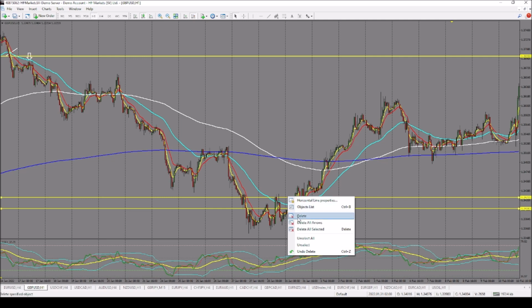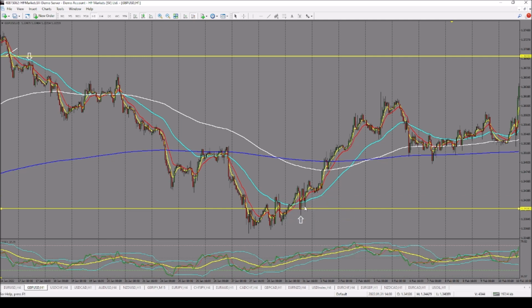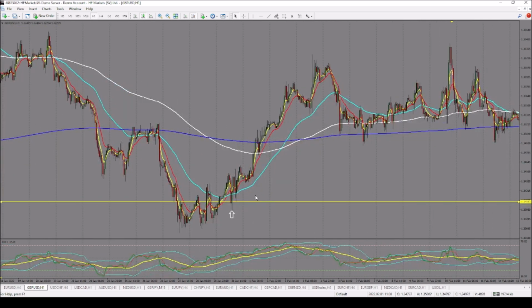Therefore, this was the valid one. That is where we could enter after seeing candlestick rejections. Candlestick rejections are very important. You need to see the zone that is experiencing several candlestick rejections as a sign of reversal. That is the exact point that you will enter the market after you see a zone being rejected.